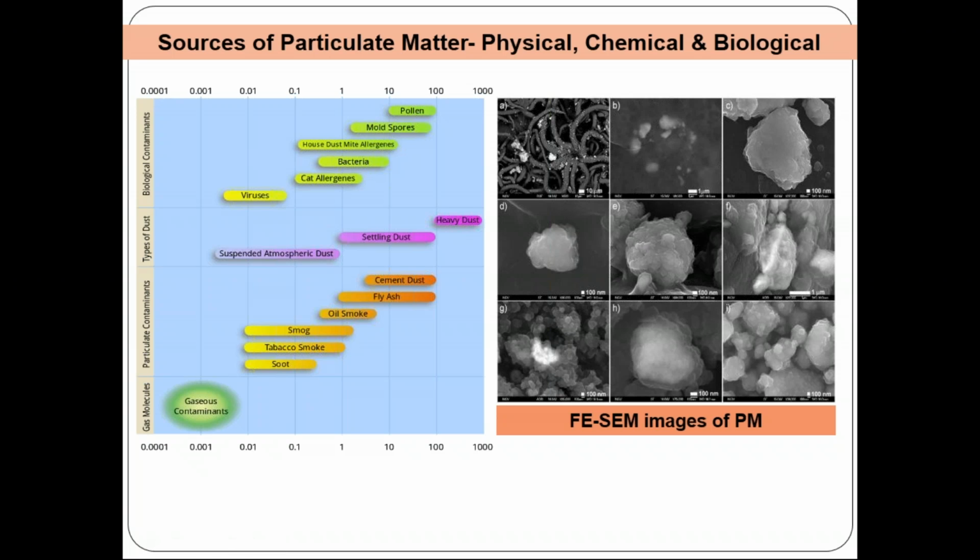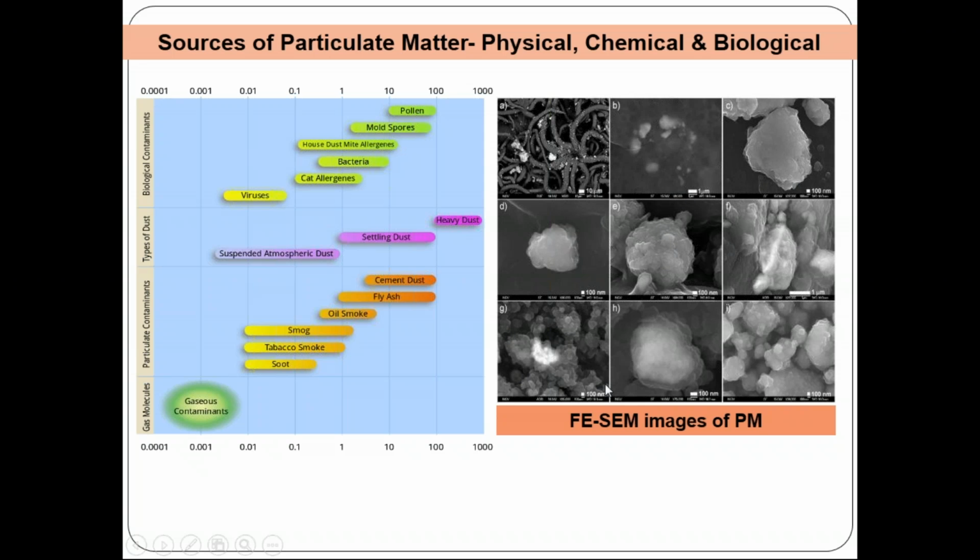In the case of dust, three types may be there: suspended atmospheric dust, settling dust, and heavy dust. Here you can see the sizes of these, like PM1 and PM100: 10 micrometer, 1 micrometer, 100 micrometer.